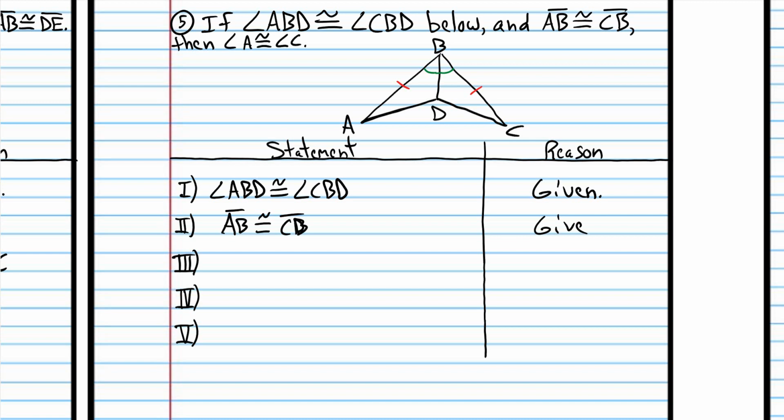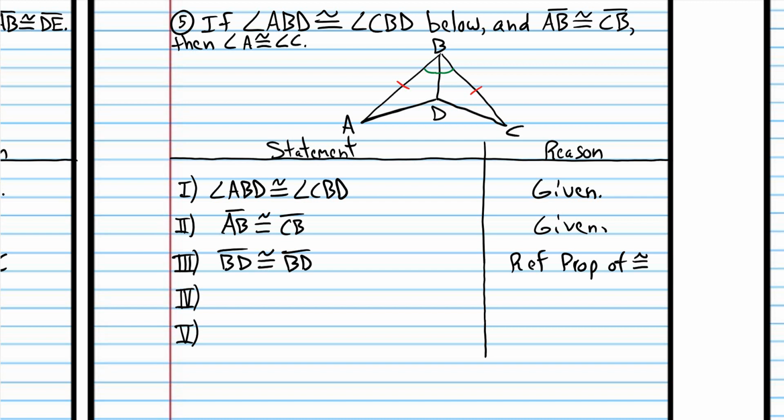That is given. We've got our given information, and notice that these two sides are up against each other and lined up perfectly there. So that side is the same in both triangles, and we can show that by saying BD is congruent to itself. That is the reflexive property of congruence.